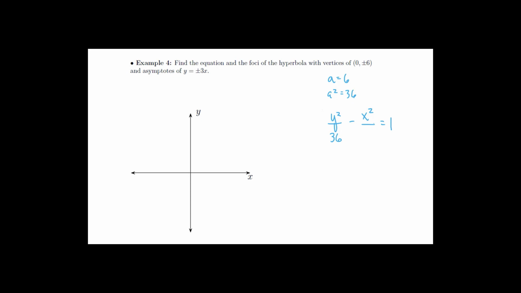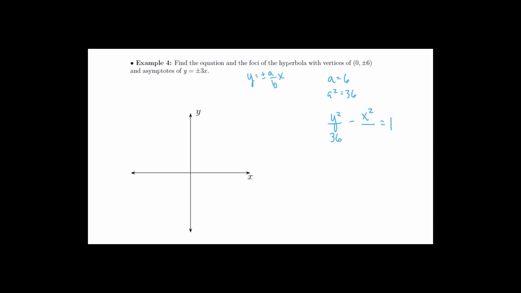Well, what we need to remember here is that in a case like this, if you have asymptotes of plus or minus 3x, then y equals plus or minus a over b x. That's what your asymptotes look like, right?